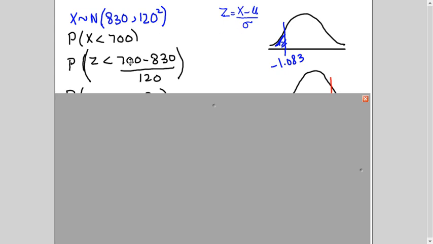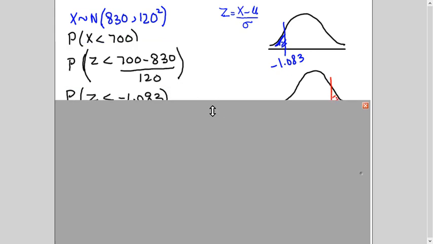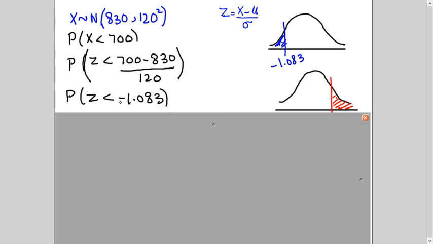X is 700, mean is 830, and standard deviation is 120. So when I calculate, the value of z is less than minus 1.083. Visually on the graph, this is the meaning of it.